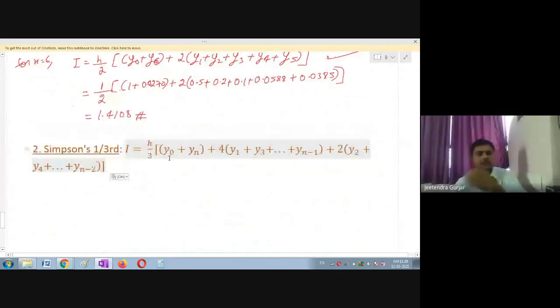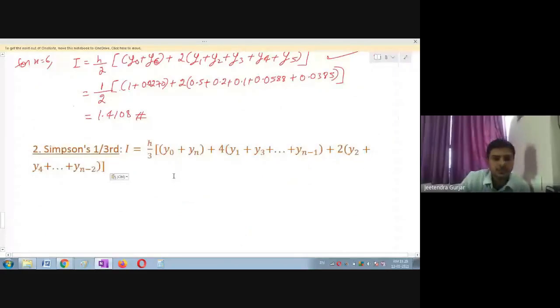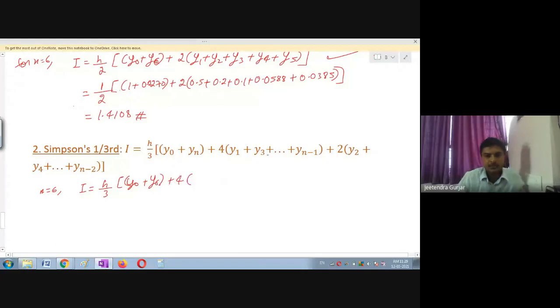Here we go. So again, please remember n is equal to 6 is there. You have to at least write this formula. It is h upon 3 into y0 plus y6, plus 4 times the odd terms.